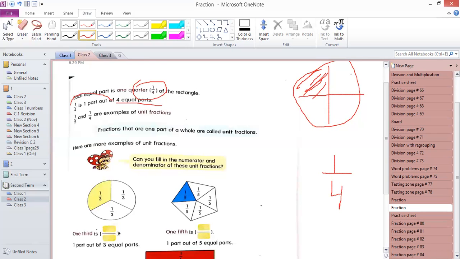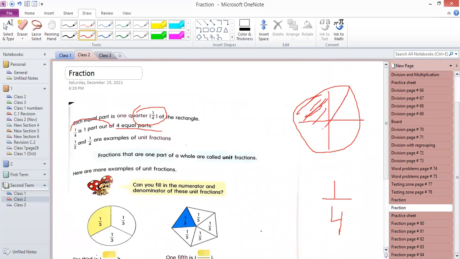Let's suppose there are 8 parts. Out of 8, if you are interested in only 1 part, it will be 1/8.